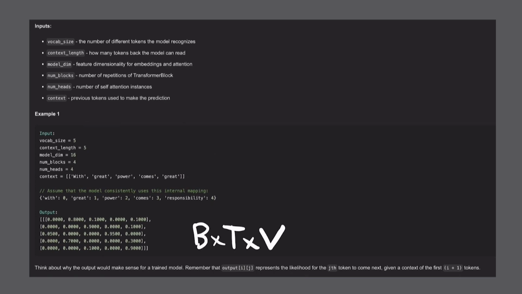Okay, so the returned output. First let's explain the shape of it, B by T by V. We know that batch size was 1, as we saw in the input. So it makes sense that this whole 2D array over here is wrapped in another one. We can see another pair of brackets over here, so the batch size equals 1 is still maintained.